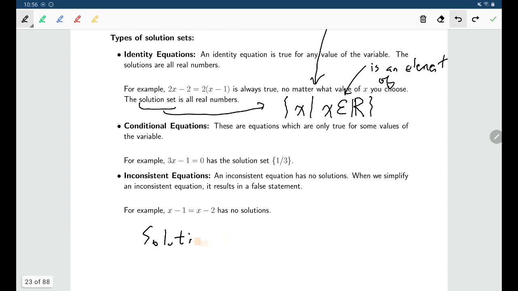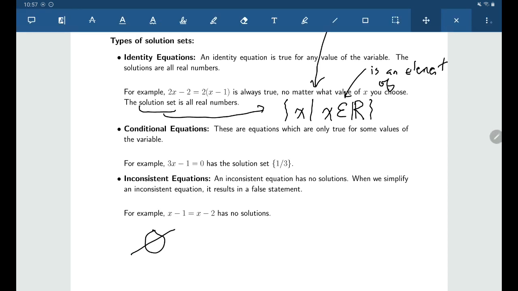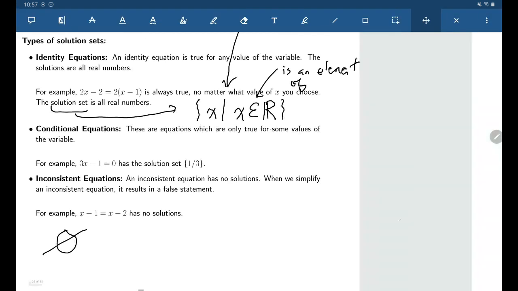Again, not super important to be hung up on that particular little bit of notational detail, but it is something that you might see going forward. Another way to write a set that has nothing in it is a 0 with a slash through it. That's not the number 0, that's representing, again, the empty set, a set that's got nothing inside of it. So in other words, that would be another way of describing no solutions, that there's nothing inside that set.